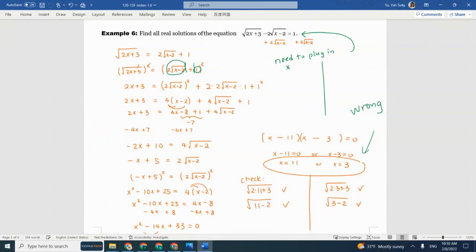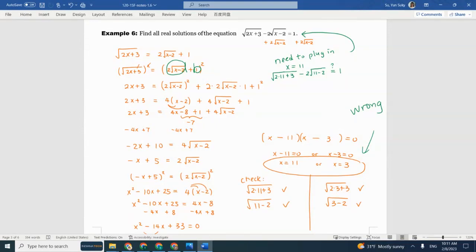Okay, let's see. If x equals 11, here we get 2 times 11 plus 3. We plug in minus 2 times square root of, oh, I don't have enough space. Okay, 11 minus 2. This is the left-hand side. We want to ask, is it equal to 1? Right, everybody? We are putting it in the original equation.